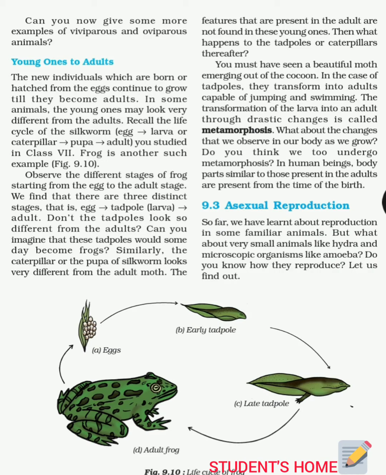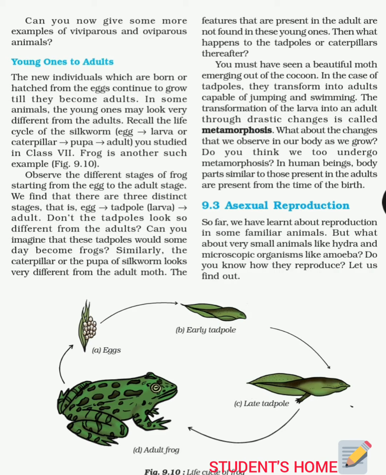So class, metamorphosis is the process where a small young one changes into an adult, and this change involves some pretty difficult types of changes, changing the whole body, you can say, to become an adult one. That process is known as metamorphosis.